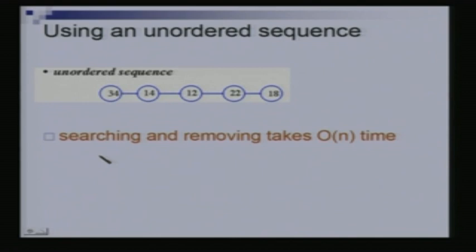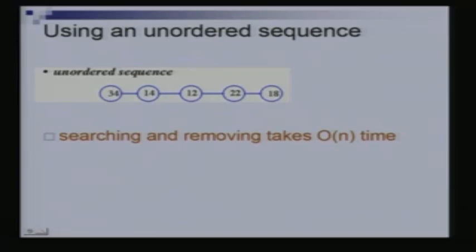Because you cannot do anything else but to traverse through this list, and in the worst case you might have to go through the entire list, and so it will take order n time to search for a particular phone number. So, given a particular phone number, if you have to return the name of the person, you will have to take roughly order n time to do that. And this is an unordered list, so there is no particular order.